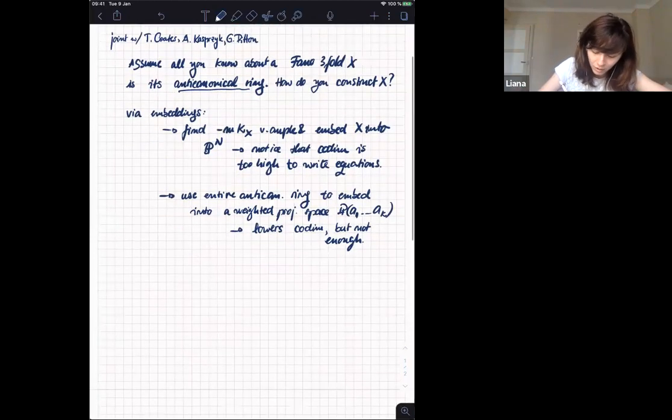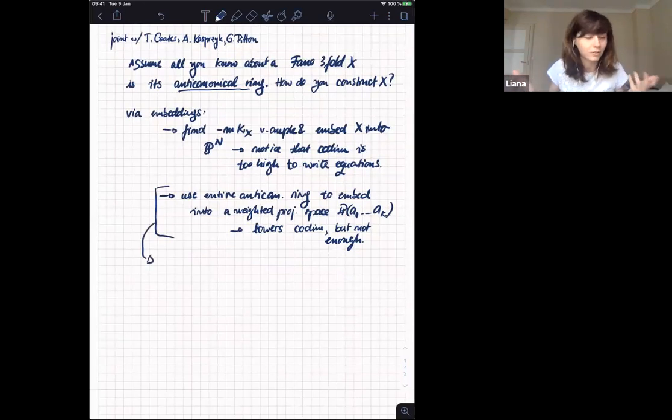However, you can make a list of what possible anti-canonical embeddings are for a given Fano variety that admits terminal singularities, so not too bad. And indeed, there is such a thing.